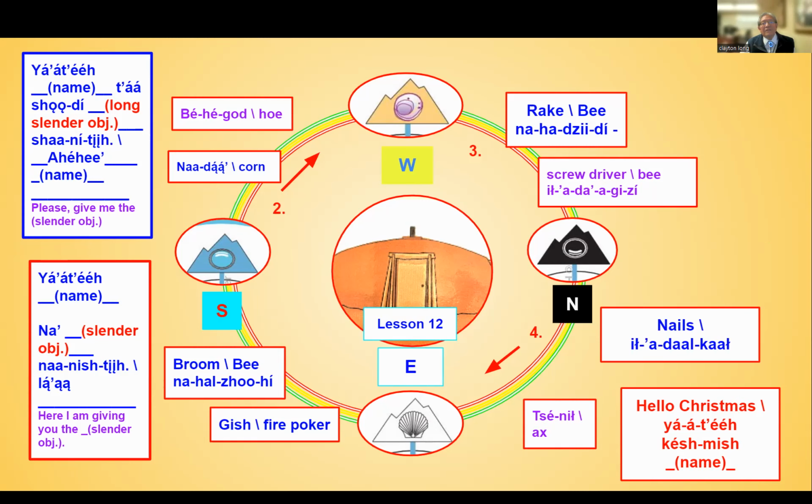Micah. Shoulder. I'll have you decide. Oh, okay. Benahad Zede. Shaanítįįh.